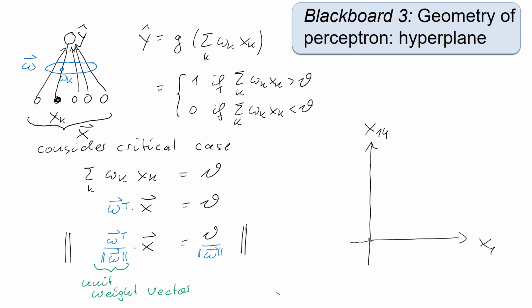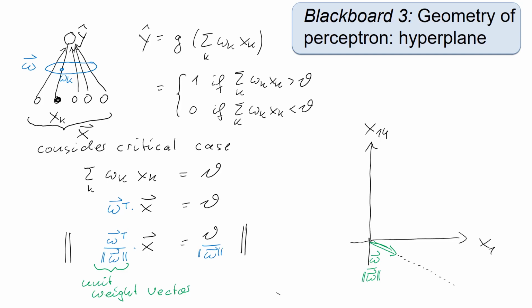Now let's start by drawing this unit weight vector. So this would be my unit weight vector, W divided by norm of W. And now for the sake of the construction, let's consider that we continue the line in the direction of this unit weight vector.